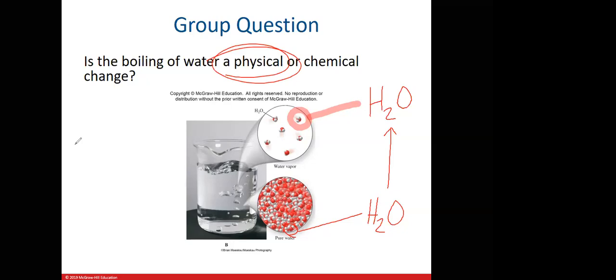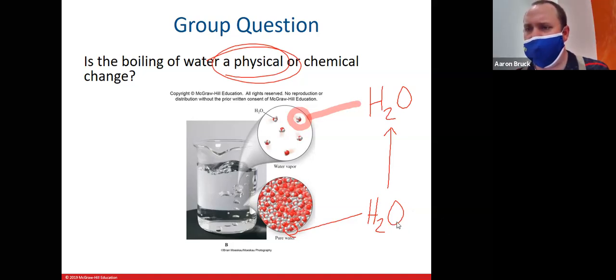I have a question. Yeah, go ahead. So basically, a chemical reaction is more so when the change goes down to the element. It goes down to the element of change. No, not necessarily.